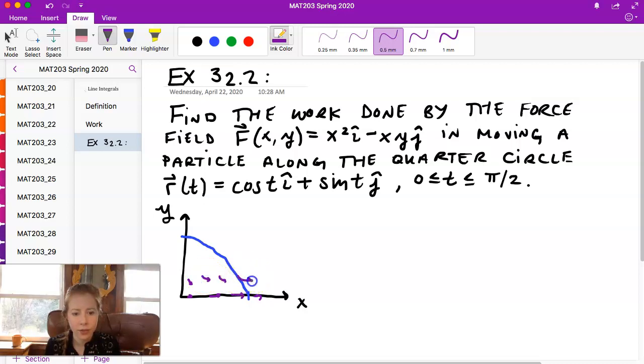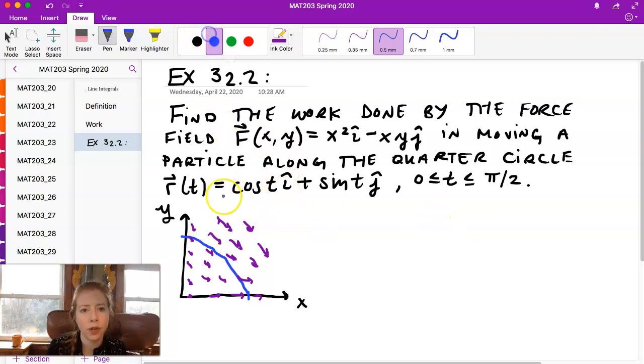So pretty tiny here. All right, so you kind of get the general gist. So there's our field.